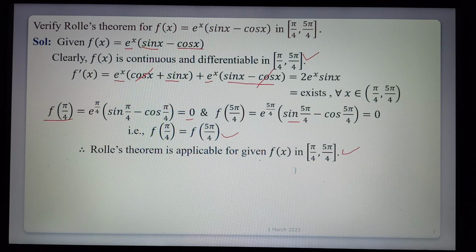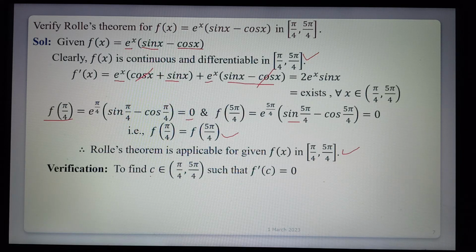Now verification: find any c between minus 5 by 4 and 5 by 4 such that f dash of c is equal to 0. Already found f dash of x equal to 2 into e power x sin x. That is 2 into e power c sin c equal to 0. But e power c is not equal to 0. Then sin c is equal to 0. But sin c is 0 only at n pi.